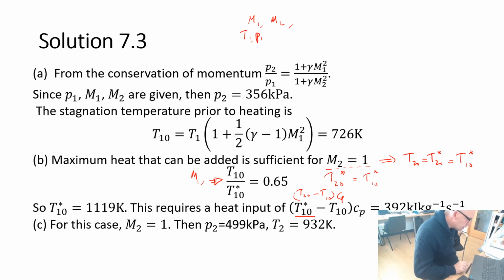If we do that, we can calculate how much heat is added, which is 329 kilojoules per kilogram. Now for this state of M2 equals 1, maximum heat being added, we can determine what the downstream pressure and the downstream temperature are, since we know the relationship between T2 naught, which is T2 times (1 plus a half gamma minus 1 M2 squared).